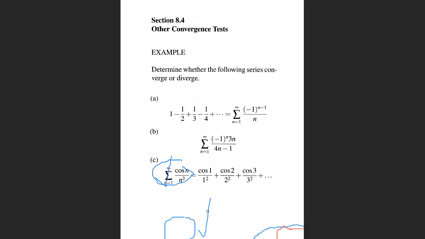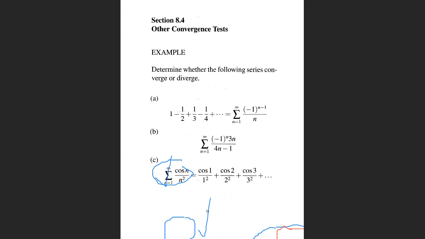Okay. So, do you think this series in C could possibly be an alternating series? I mean, the alternating series test was easy to use. Tina thinks it could be. It's clear that the terms of this series are going to get smaller, because the numerators are cosine of 1, cosine of 2, cosine of 3, and then the next terms would be cosine of 4, cosine of 5, and so forth.